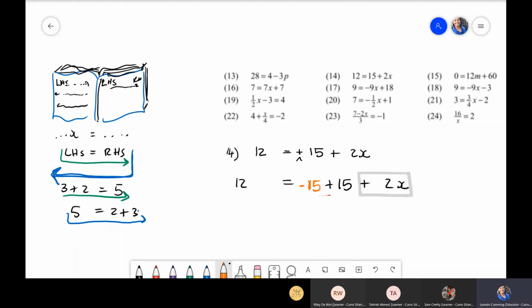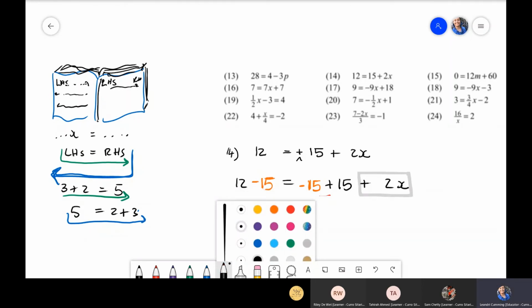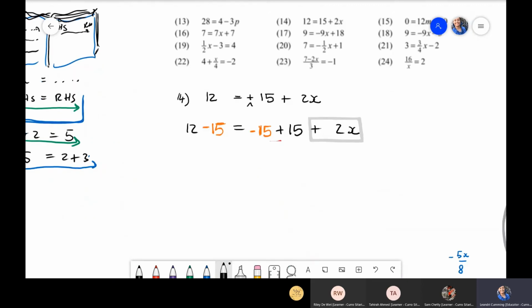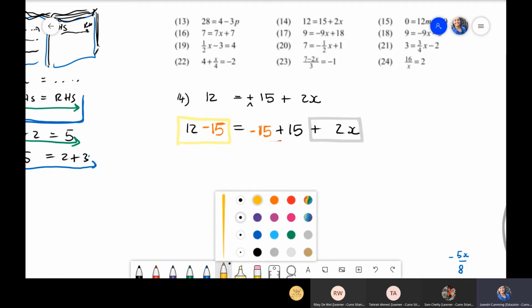Okay, and what I see now is that I have something that looks slightly different from all my other equations. Let's just continue. Here we need to be very careful. We have to be very careful with how we are performing our arithmetic here. So it's essential that we remember we're not allowed to just go and apply rules wherever we want.